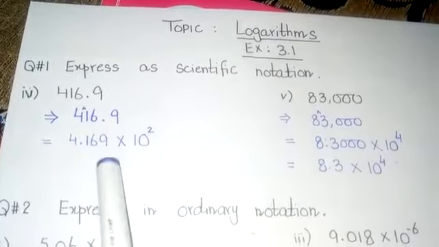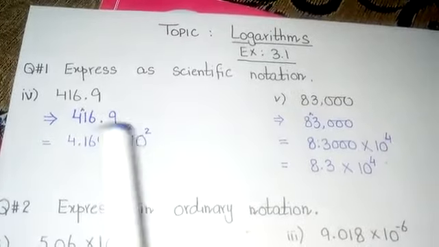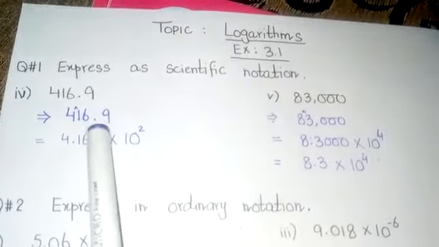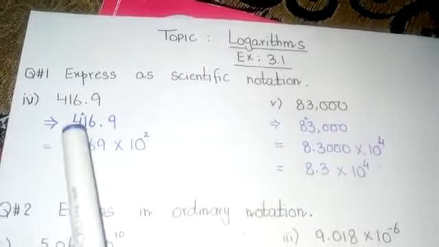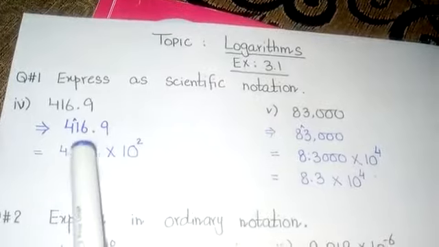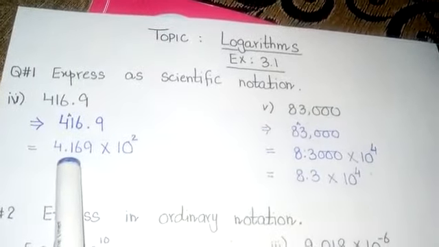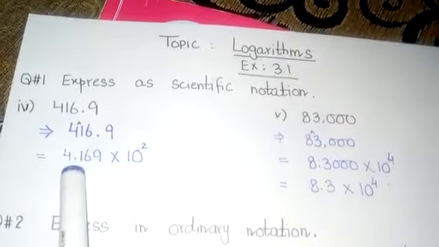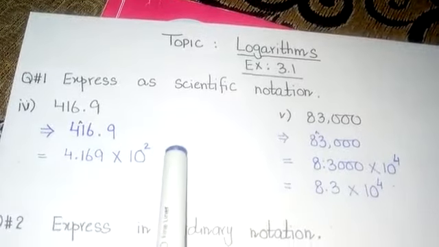I hope the question is clear. Two things to remember. The first thing is the point is compulsory to put after the first non-zero digit. And the second thing is you have to notice how many digits you are shifting the point. That will become the power of 10.